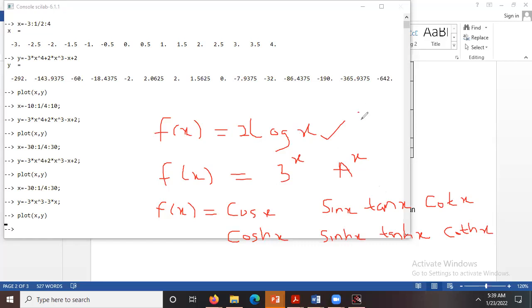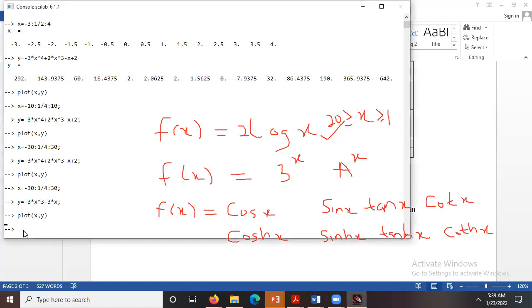For the logarithm function, the domain should always be greater than what? 0, or greater than or equal to 1. So we can choose x greater than or equal to 1, let's say up to 20, and then see how it will work. So let's plot that.